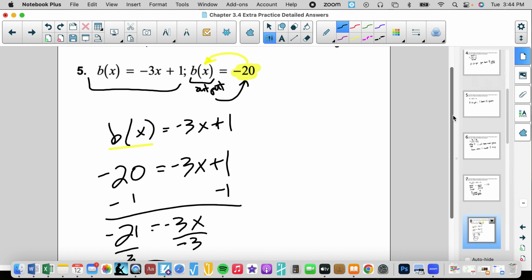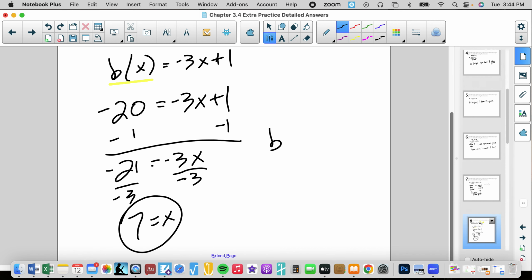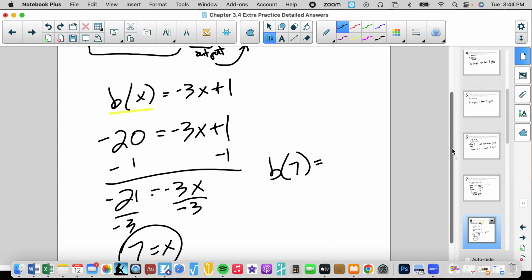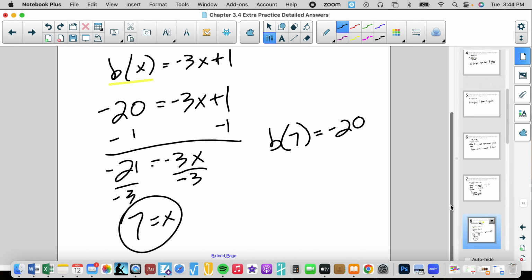So I could make the comment now that b of 7 equals negative 20. And if I plug in, that's negative 21 plus 1, which is negative 20. Yeah. So I can write that.